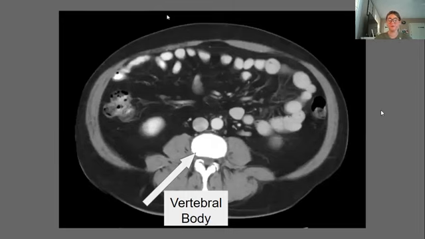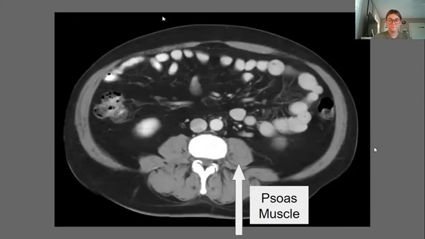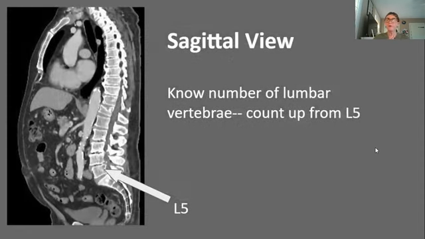Posterior to the abdominal aorta is the vertebral body. And the vertebral body is surrounded on both sides by the psoas muscles, right here. Great. So that was, like I said, just a very brief overview of some cross-sectional CT anatomy that you'll likely see on most of the scans you look at.